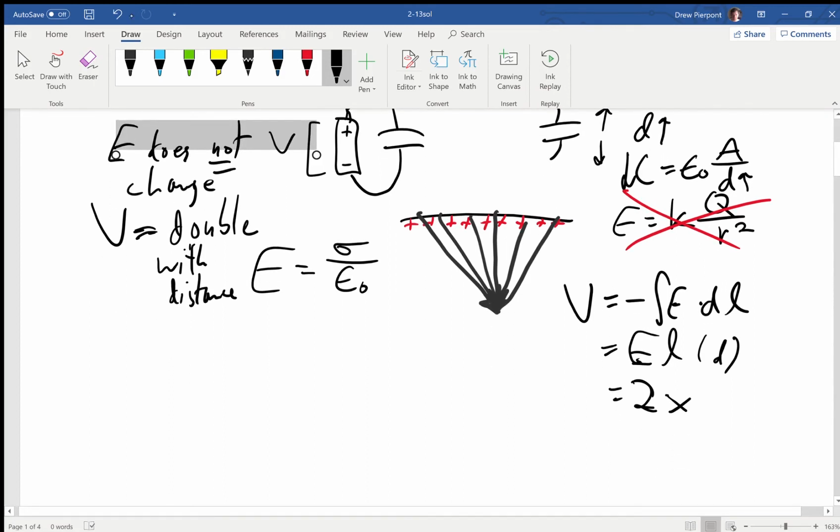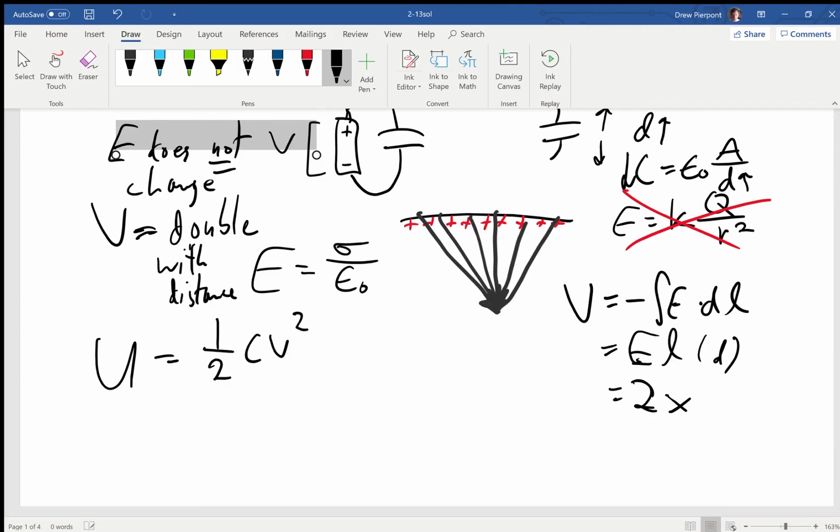So what about energy? What's going to happen there? Well, this one's pretty simple once you have the other two, but be careful with the formula. So you know that potential is doubling with distance, and we're squaring that, right? So that's going to have a quadrupling effect on our energy. But what else do we have?